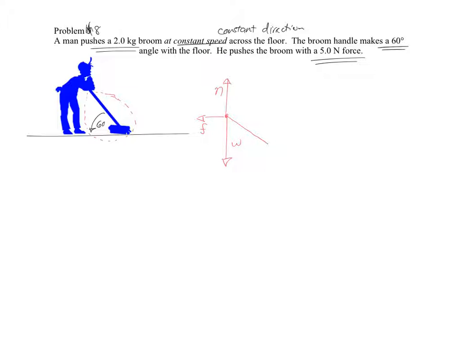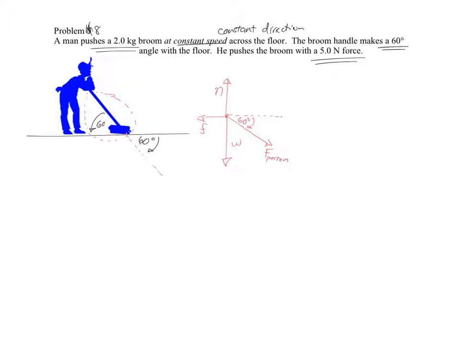But if I connect this, the 60 degrees is here on my force diagram, right? So that's what's tricky about this problem, that angle is a little bit tricky. So the broom makes a 60-degree angle with the floor, but the applied force, I'm going to call it capital F, due to the person, is 60 degrees below the horizontal.